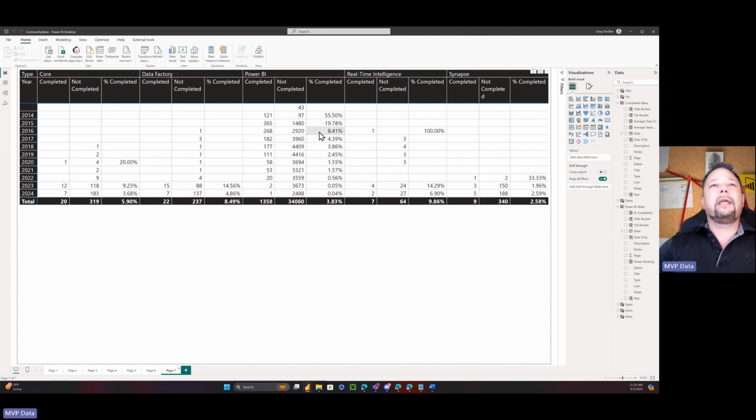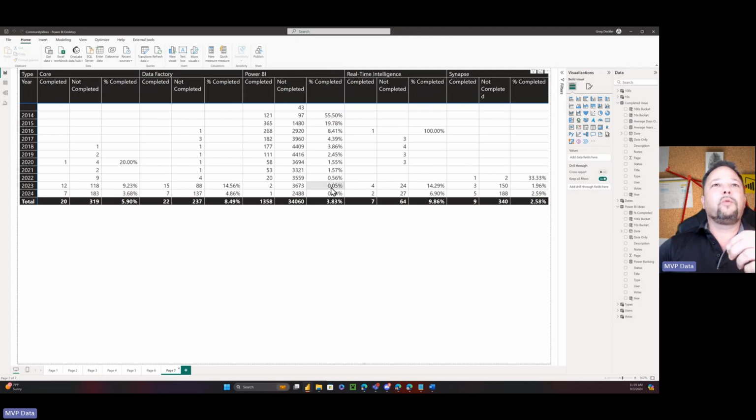So if you were to submit your idea today, it would be a much lower number. One, because Microsoft didn't submit it through one of the 3 users that they have. But two, look at the completion rate down here for an idea that was submitted in 2024. There's only been one completed out of 2,488 that are not completed, right? So it's a 0.04% rate.